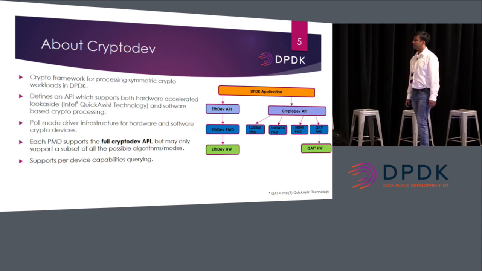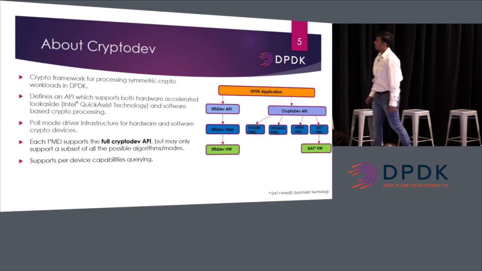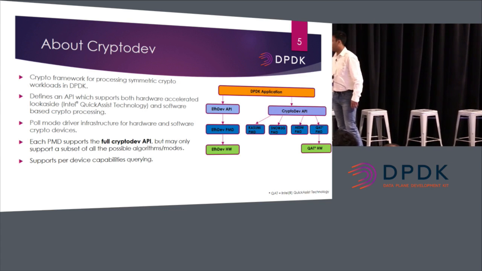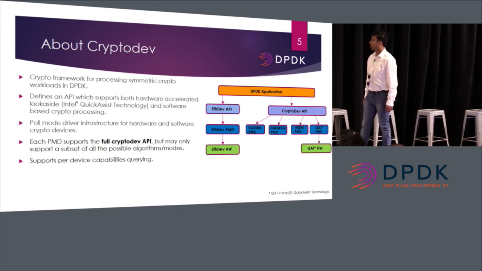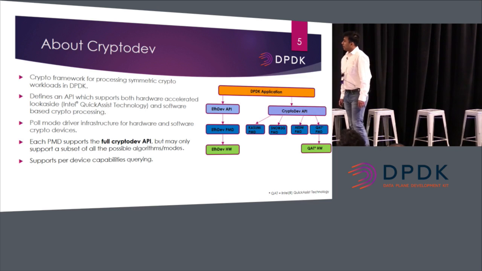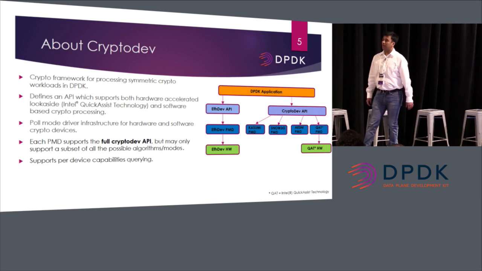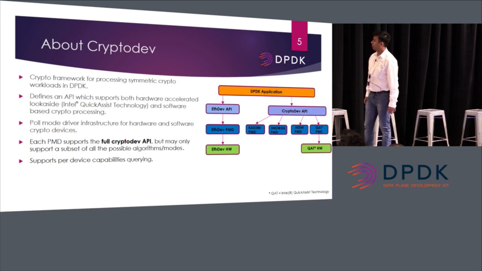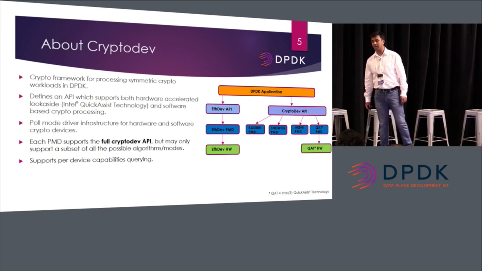It's a poll mode driver infrastructure, same as Cryptodev. So the polling is done to get the response from the PMDs. If we're developing an application based on Cryptodev, each PMD, as of now all the 4 PMDs, support the full Cryptodev API.